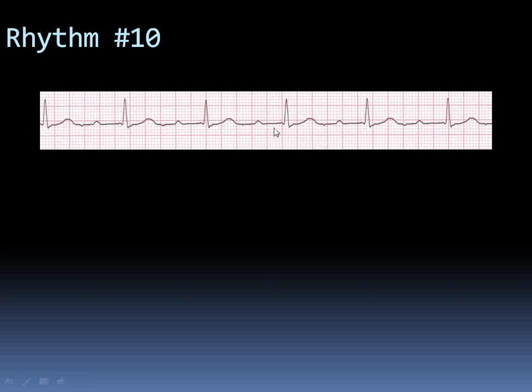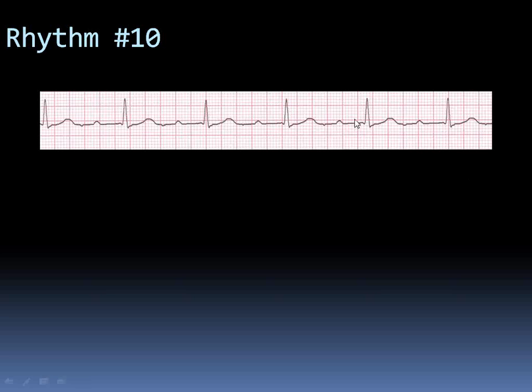A normal PR interval is no more than 1 box, which is 240 milliseconds. And the PR interval over here is almost 1.5 boxes. So this patient has a first degree AV block in which the PR is prolonged, but each P wave is followed by a QRS. So it is not like the patient is having any dropped QRSs.